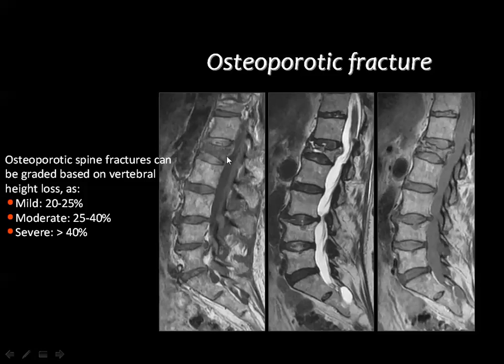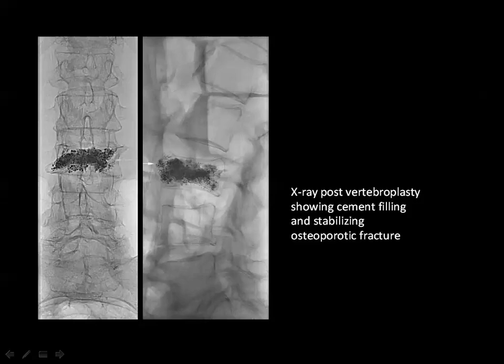And of course, many of these fractures will show a change in the bone marrow signal, because this is actually a sort of trauma, whether minor or major, but there should be some bone marrow edema in the vertebral body, as you can see here. Then one of the ways to treat these fractures is vertebroplasty.